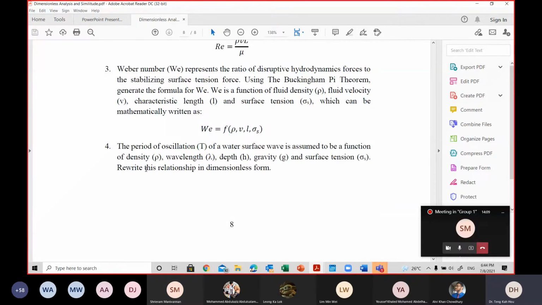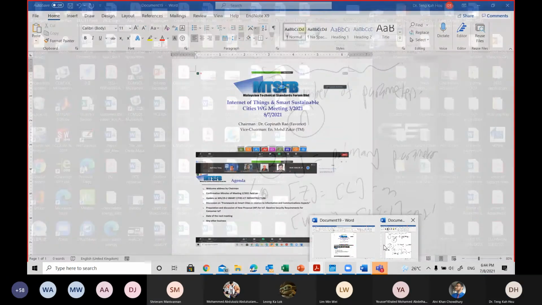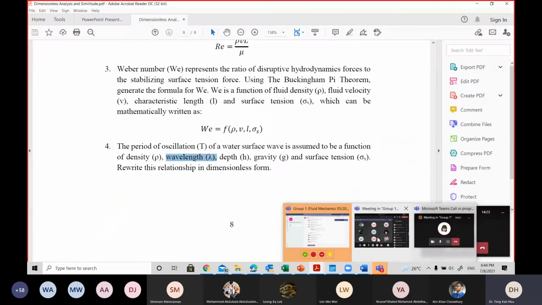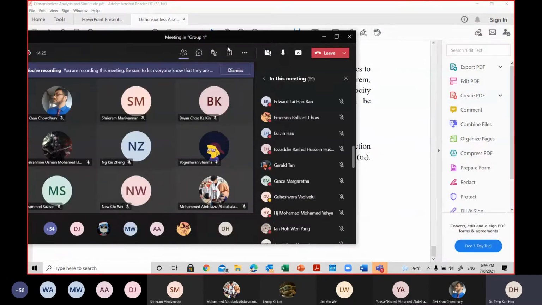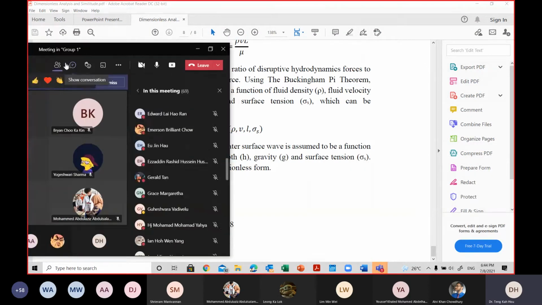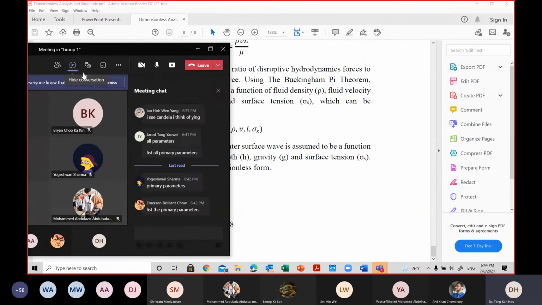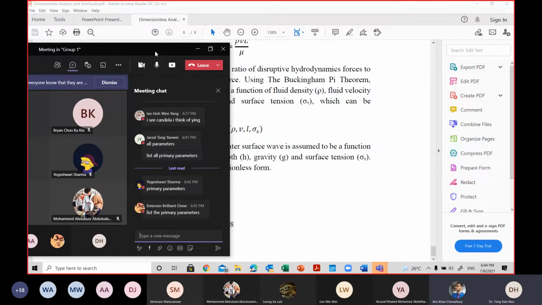So for example, density. You know density is common, so it's all right. But wavelength, where is wavelength? Anyone? What is the unit for wavelength? Meter per second?